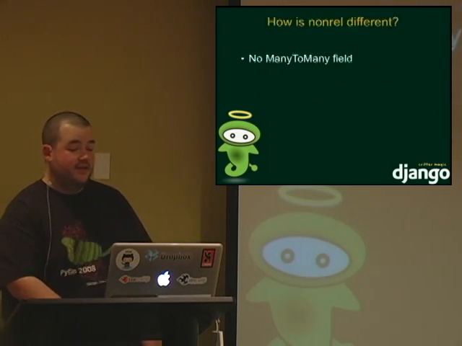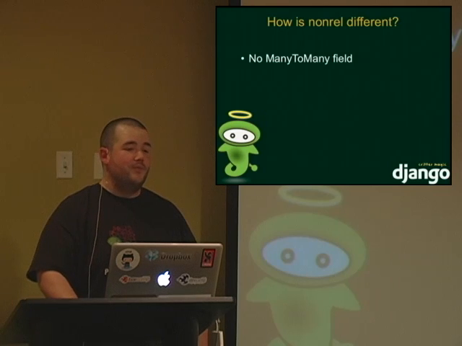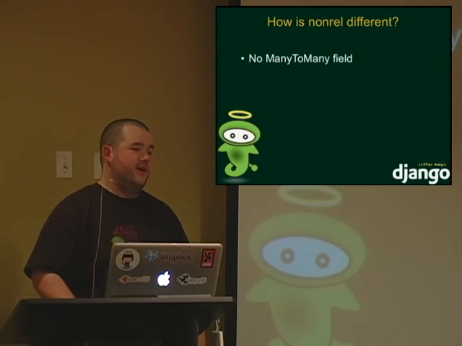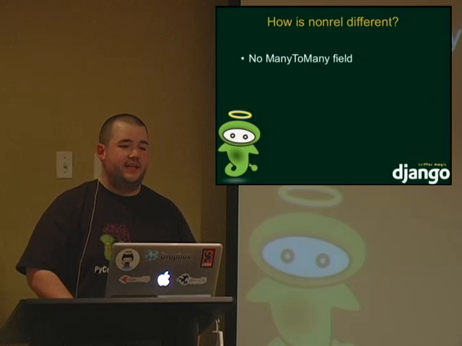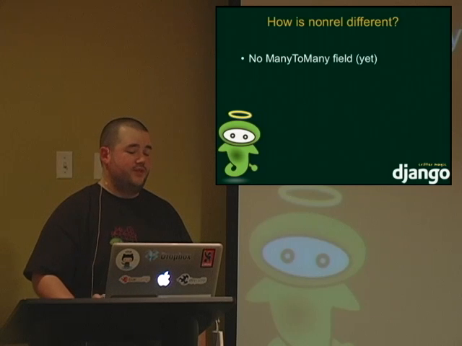So exactly how is non-rel different from Django? There is no many field in Django non-rel. That's a relation that uses joins, and right now it is not supported, which is why I say yet.